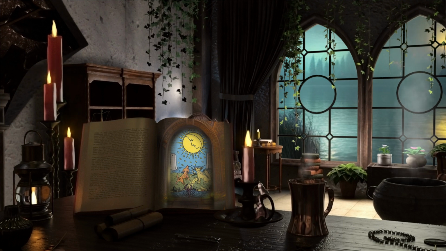We also see a path in this card. This is the life path. Sometimes the path is clear, sometimes not so much, and it may become difficult. In the card, we also see a pool of water. And again, the pool of water may mean the subconscious, the collective unconscious.